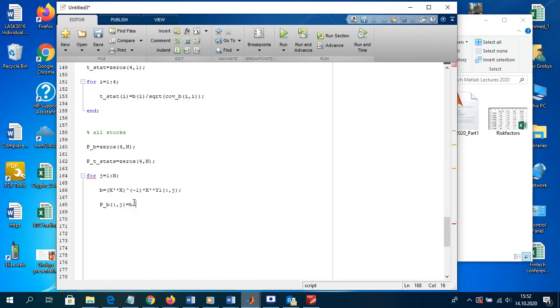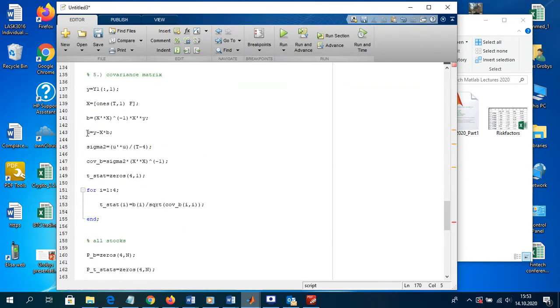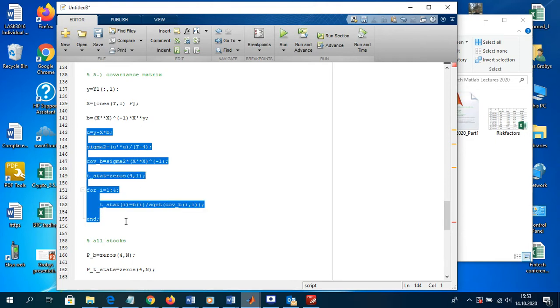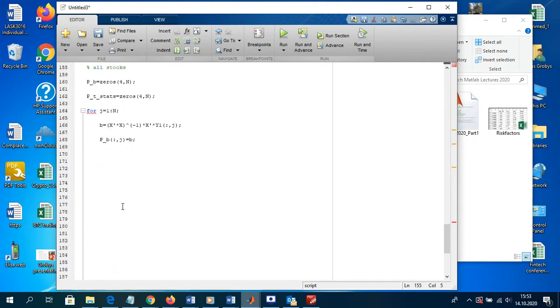So next, we can use the formula above for the covariance. First, we have to get the regression residuals. We can copy the whole code here more or less until here, right? We just have to make some changes, which we will see on the way.